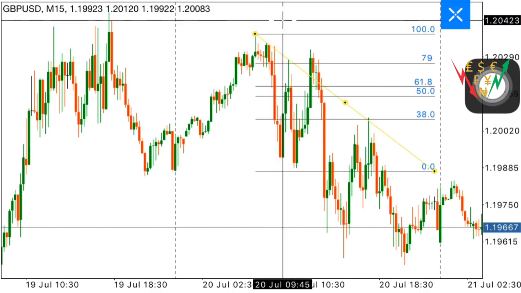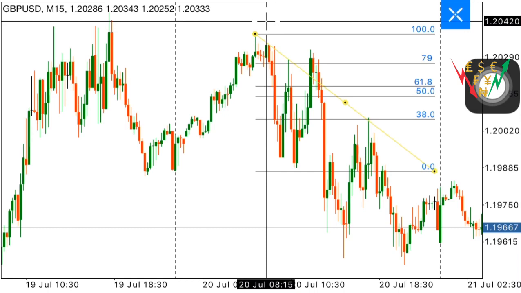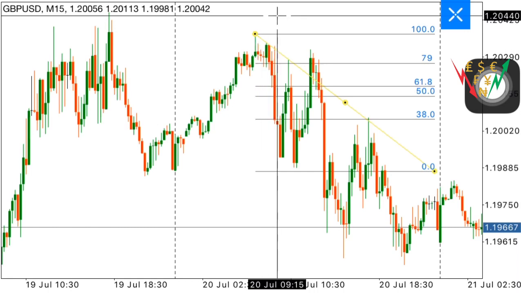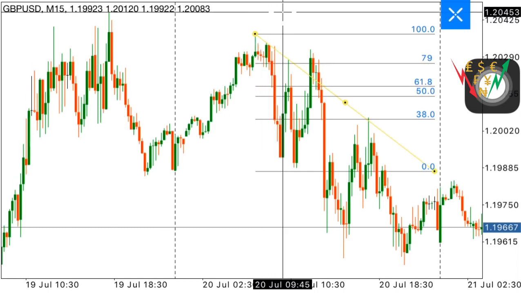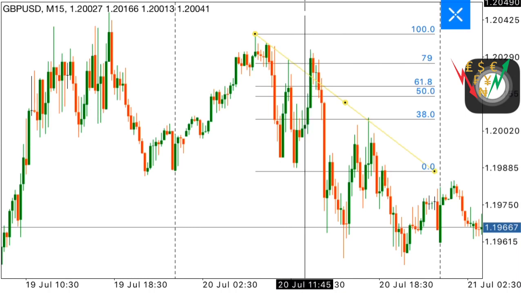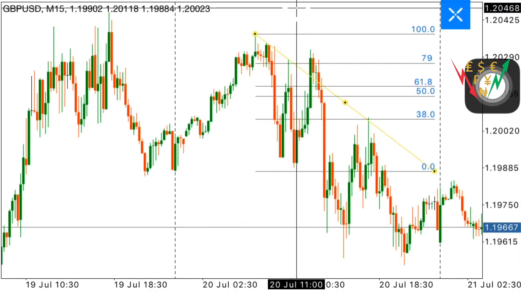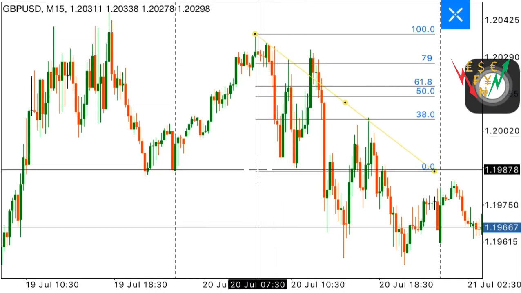It ended by 9 a.m. So we want to see, we can possibly find 11. This green candle is when the Tokyo session ended. Looking at it, is it the lowest price? Yes, it's kind of the lowest price.